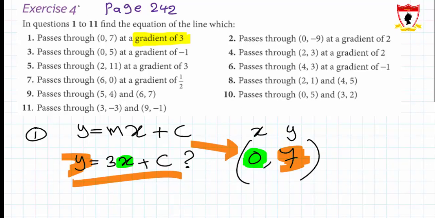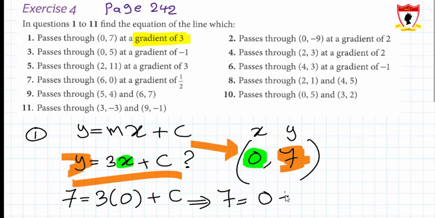Now let's substitute: 7 equals 3 times 0 plus c. Then simplify: 3 times 0 is 0, plus c. c plus 0 is equal to 7, so it means c is equal to 7.